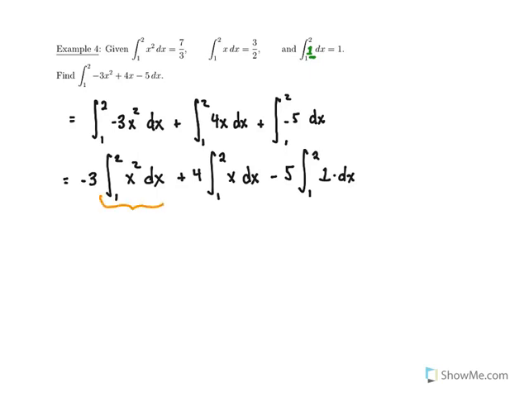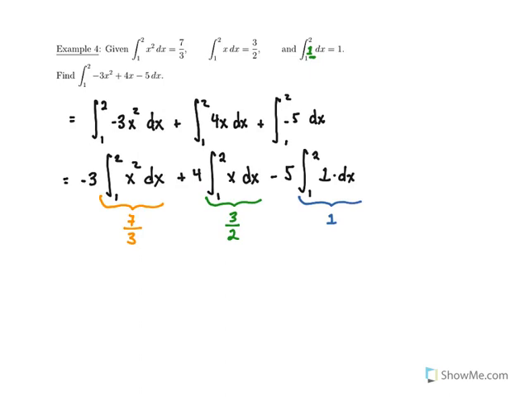So this has a value of 7/3. This has a value of 3/2. And this has a value of 1.